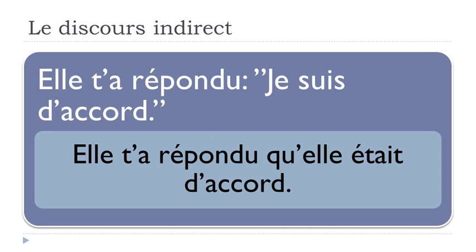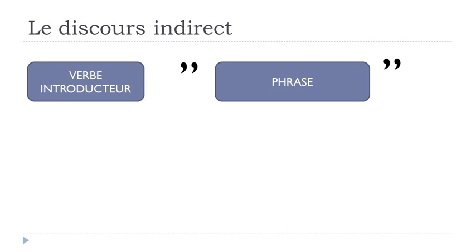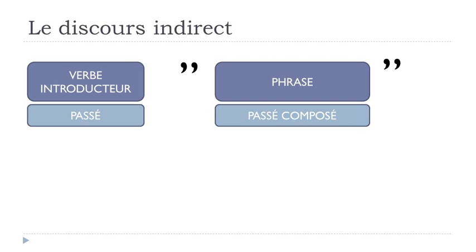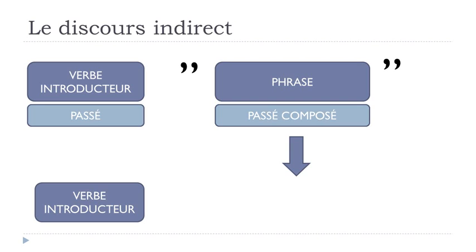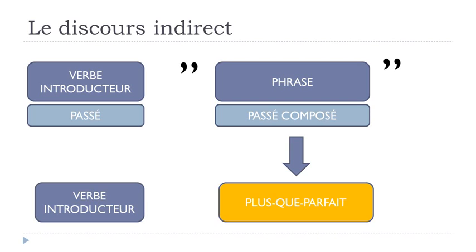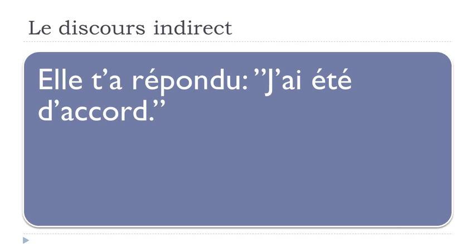Okay, so let's see now. How do we do if we've still got the same thing, the passé, and in the second part the passé composé? Well, of course the first part will stay the same as we saw, but then this passé composé form will become plus que parfait. Let's have a look.